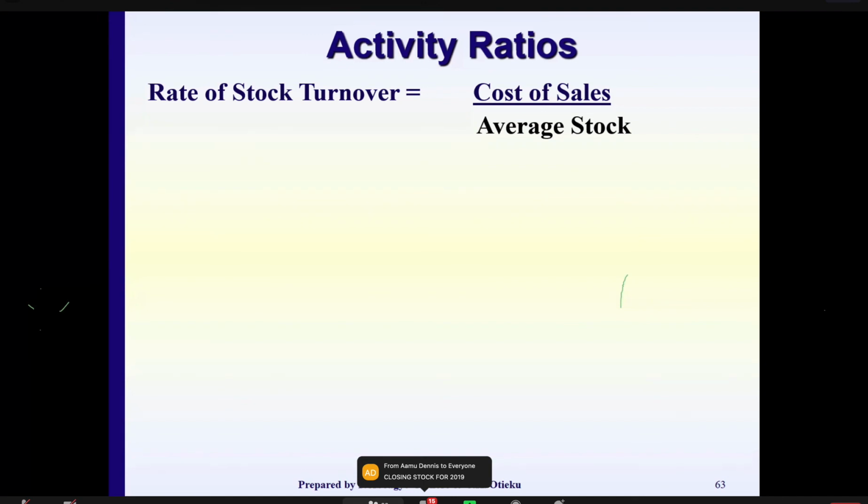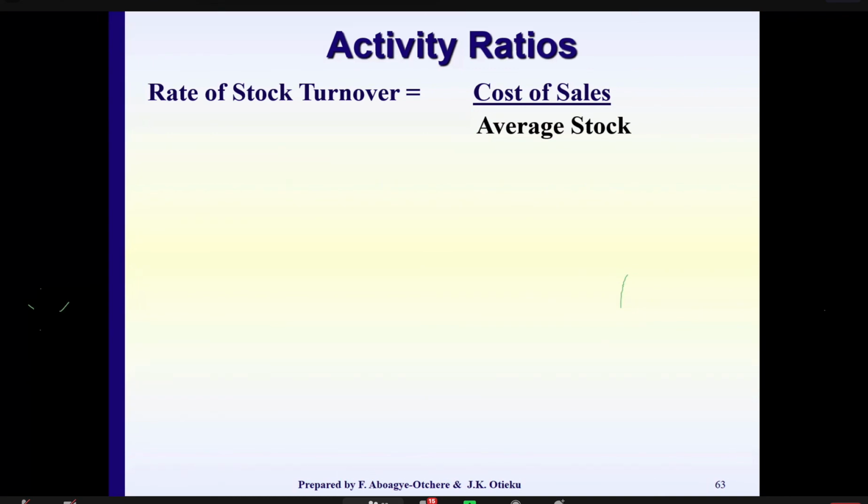I'm asking you a question. Yes, Benson. You get it by bringing closing stock of 2019 to 2020 as our opening stock.